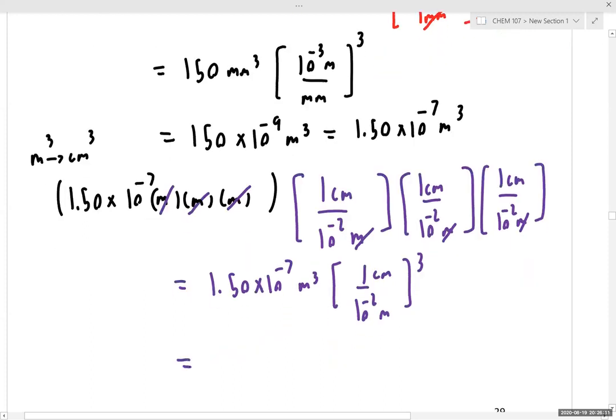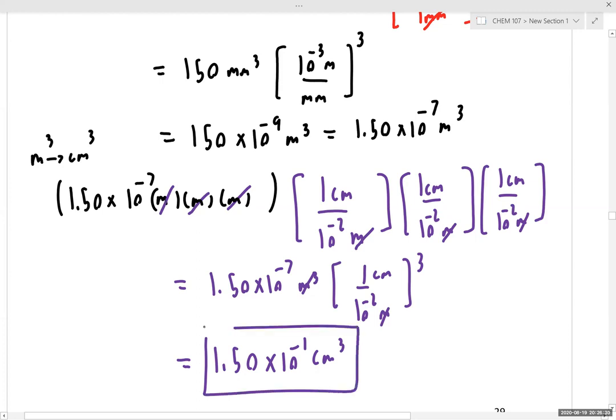And if we punch out either of these expressions in our calculator, we get 1.50 times 10 to the negative first meter cubed. Oops, not meter cubed. Meters canceled. Centimeters cubed. There we go. Perfect. So the only thing that's tricky about cubic units is you need to convert every single one of our units.